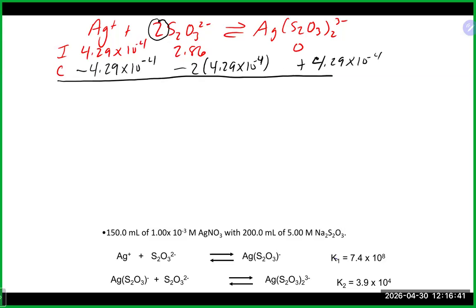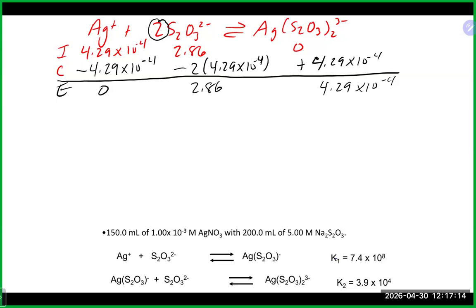That means at equilibrium here, we're going to end up with 0 of that guy. We'll go 2.86 minus 2 times 4.29 times 10 to the minus 4. Basically still 2.86, 2.859, pretty close, and 4.29 times 10 to the minus 4. Now, at the end of this particular ICE table, we actually have a couple of answers that we could use.